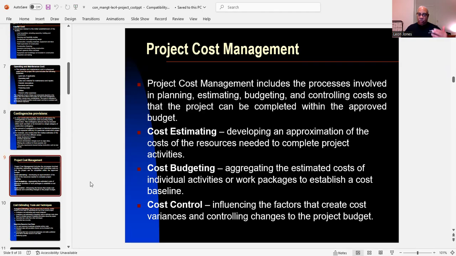Then there's cost budgeting, which is aggregating the estimated cost of individual activities or work packages to establish a cost baseline. Then there is cost control, which is influencing the factors that create cost variances and controlling changes to the project budget.